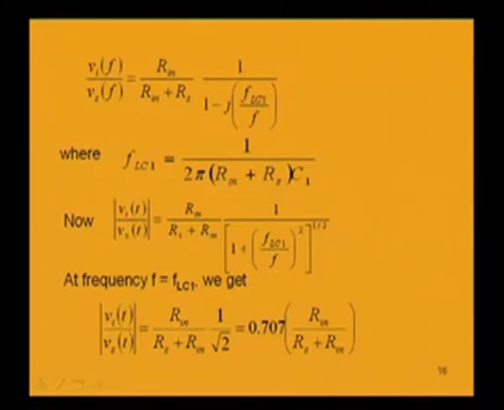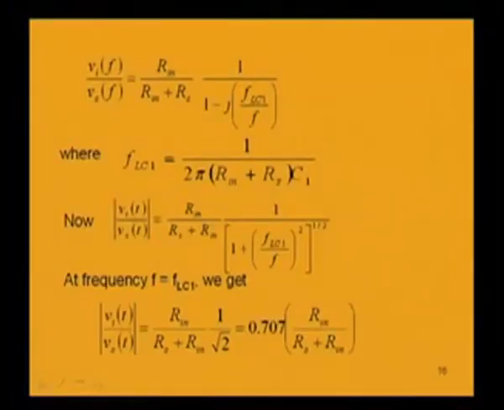Now if we consider only the magnitude of this ratio, because you see that there is a j term, so the angle as well as magnitude both are associated with this. But forgetting about the angle, because we are interested in finding out the overall voltage gain, which is having the magnitude of the voltage gain.